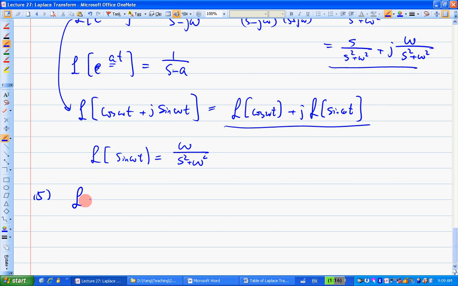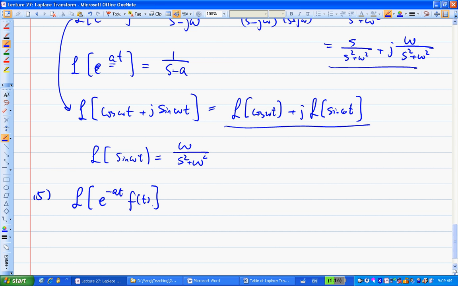Now there is a property for e to the power negative at multiplied by f of t. Sometimes we have an exponential function multiplied by f of t. Remember when we were solving second order differential equations, when the input is an exponential function multiplied by a sinusoidal, what do you do?